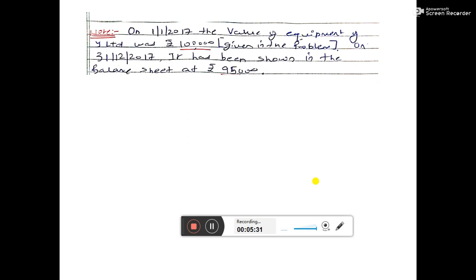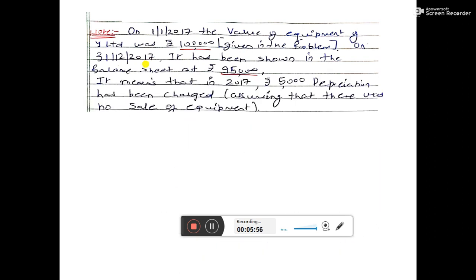If you see it carefully in the balance sheet, the amount of equipment is mentioned as 95,000, but as on 1st January 2017, the value of the equipment is 1 lakh. So there is a difference of 5,000, which is for depreciation from 1st January 2017 to 31st December 2017.